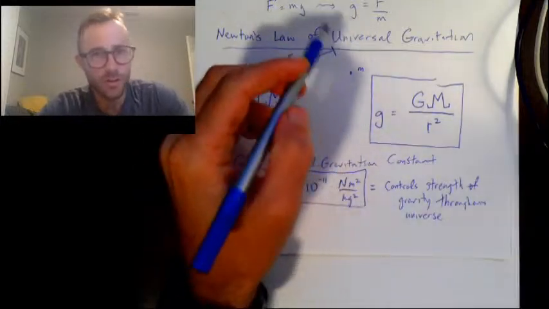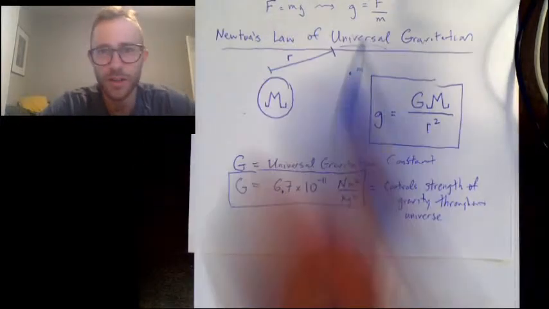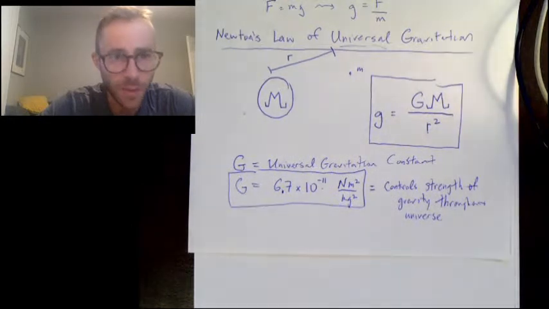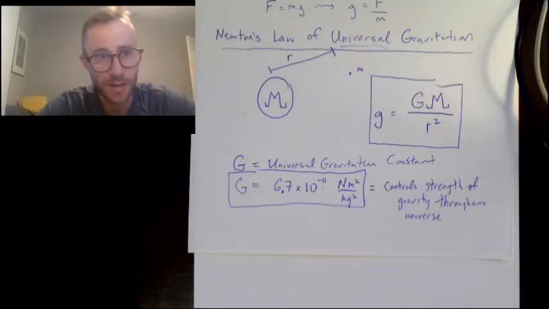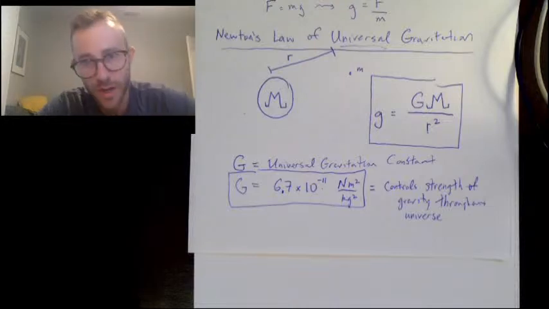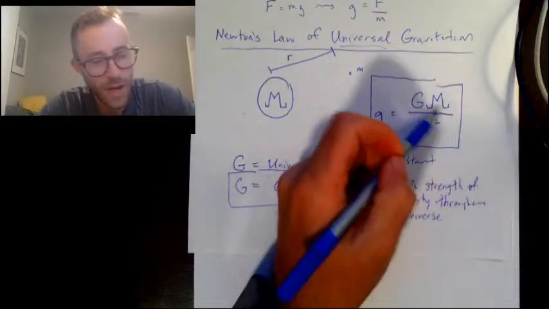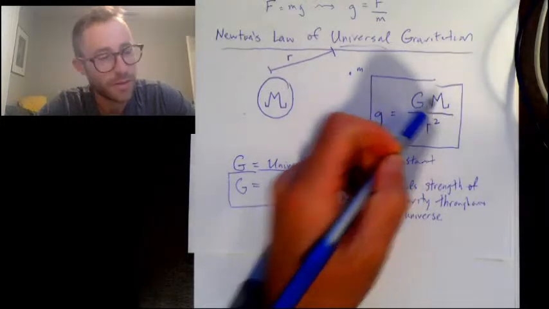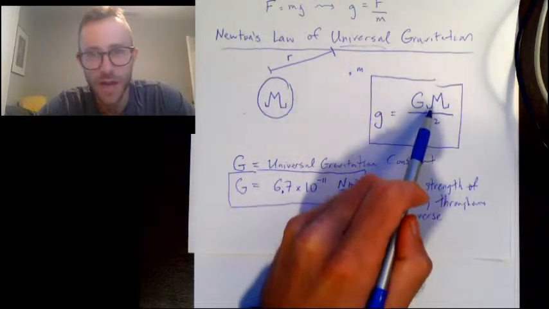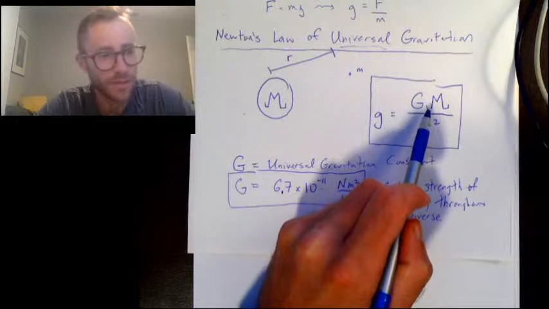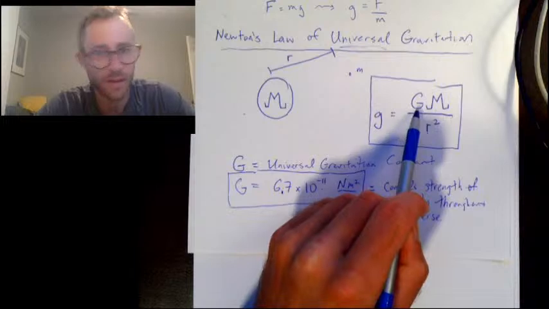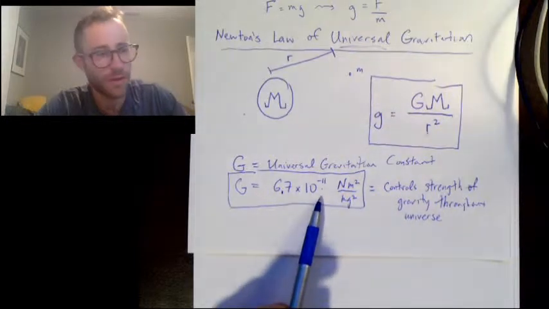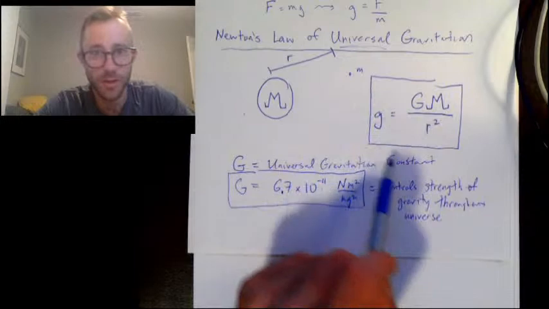Why is this called the universal law of gravitation? It's because everything that has mass creates a gravitational field. You have mass, so you create a gravitational field. But because your M is like 50 kilograms or something, once you multiply that by 6.7 times 10 to the negative 11, you get a really, really small number.